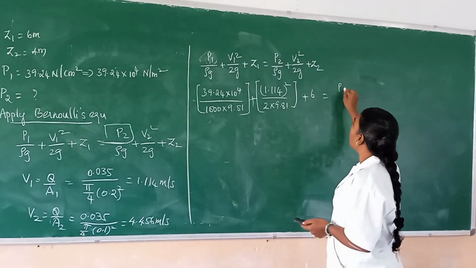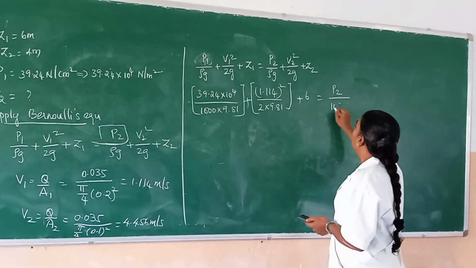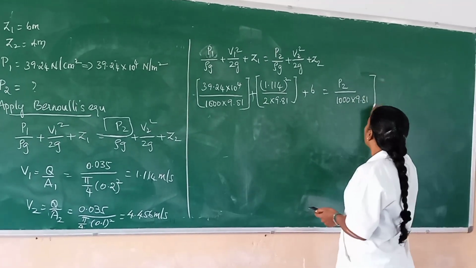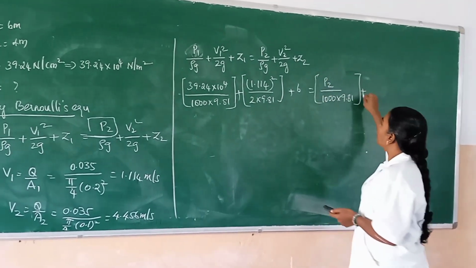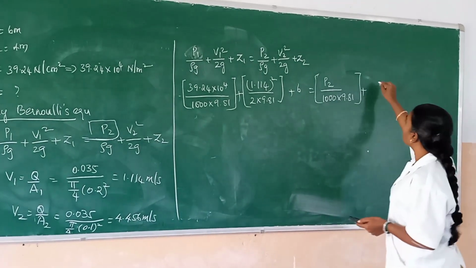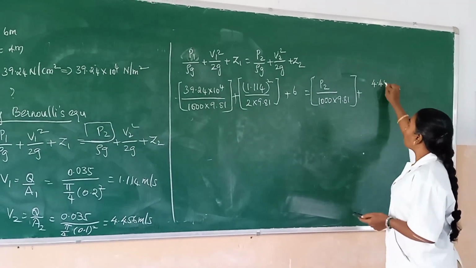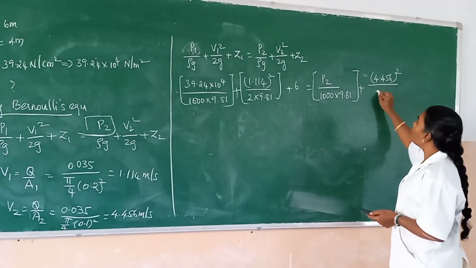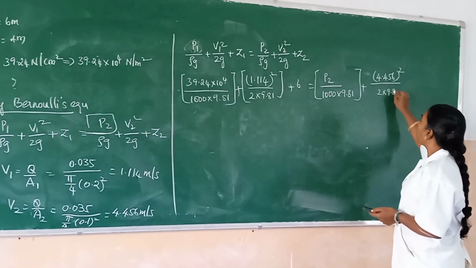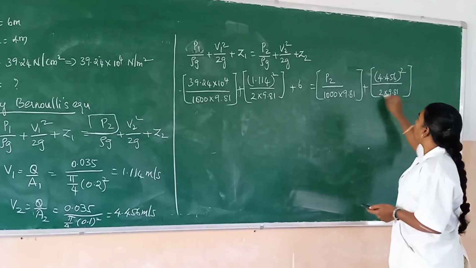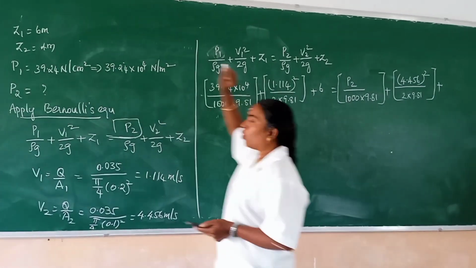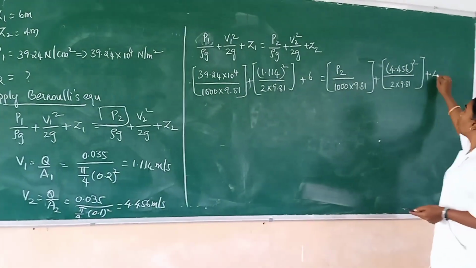We need to find out the P2 value. P2 by 1000 into 9.81 plus the V2 value, 4.456 square divided by 2 into 9.81, plus the Z2 value, which is given as 4 meter.